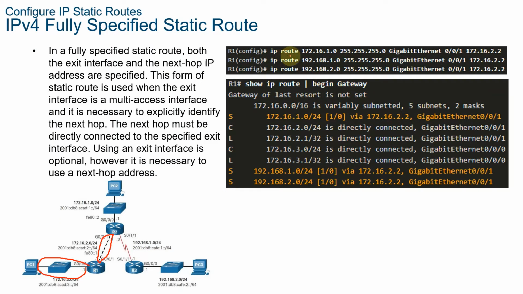Same thing: ip route, our remote network, from the perspective of R1, you've got the subnet mask here. This would be your exit interface, and you have here your next hop IP address. So this is a fully specified static route.